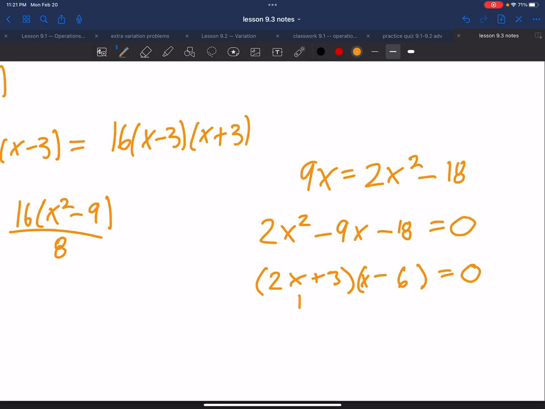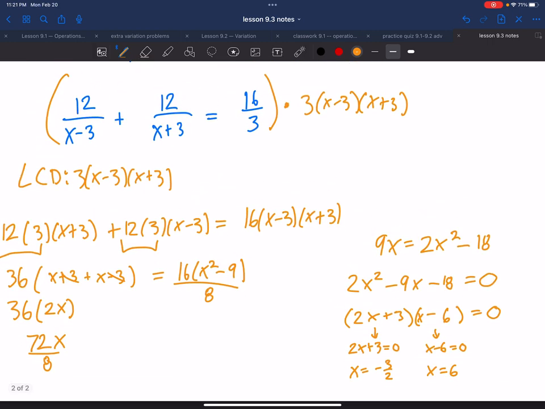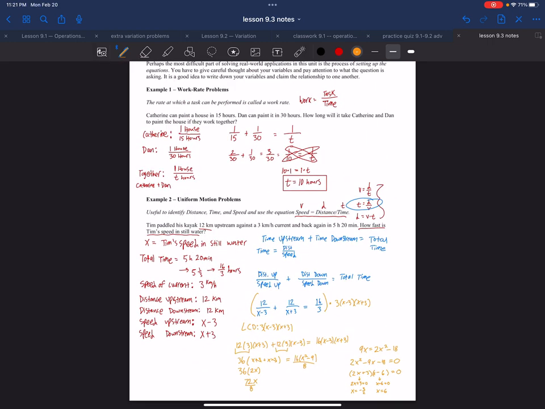All right. So then you set this equal to 0. You set this equal to 0. And x equals negative 3 halves, and x equals 6. Now, put this back in context. You found your answers, right?